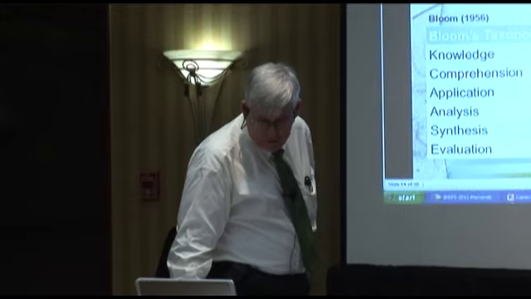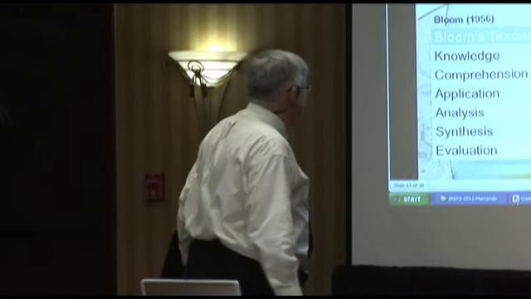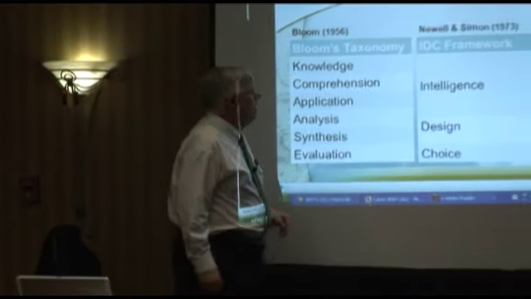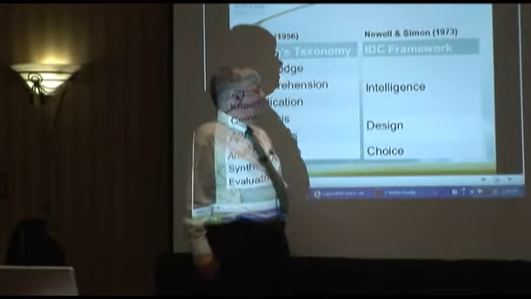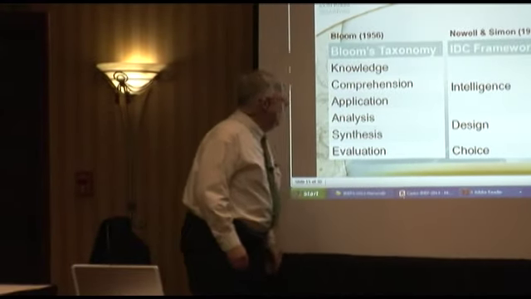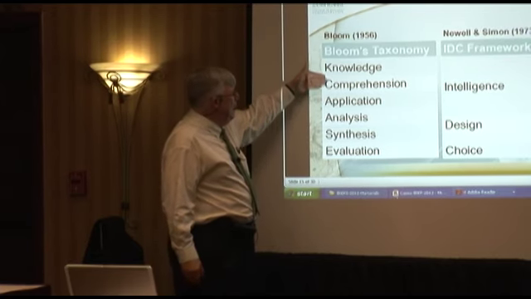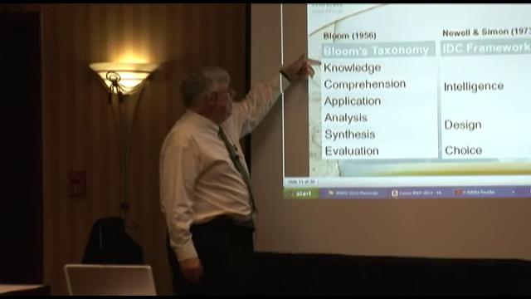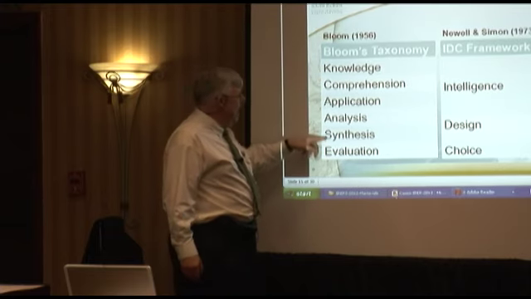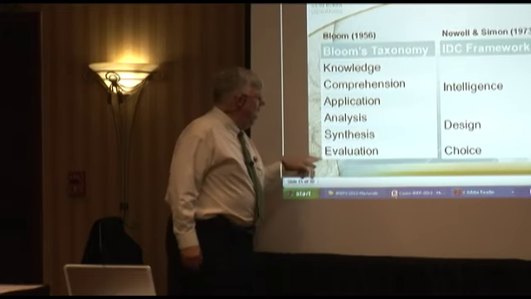I notice I'm going a little bit slower than I expected, so I'll just give a little bit of theory here. If you take a look here, Bloom's taxonomy, Newell and Simon's intelligence design choice. If you look at the case method, if you look at using cases, it basically tends to provide stuff up here, some knowledge that you have to understand, and it's particularly focused down here at evaluation.